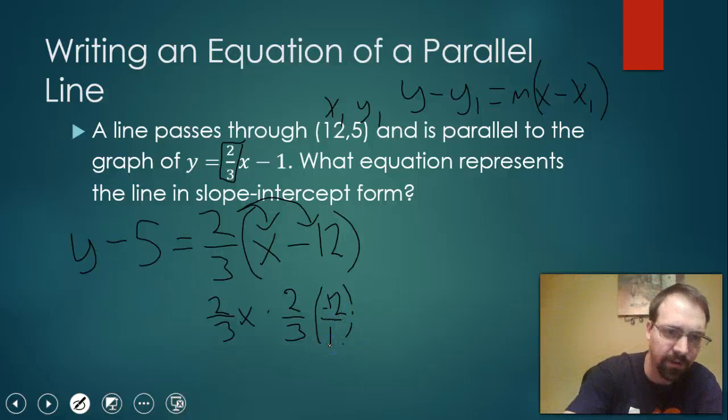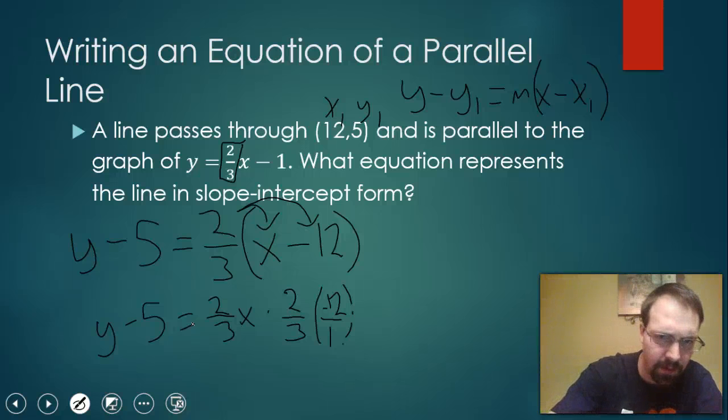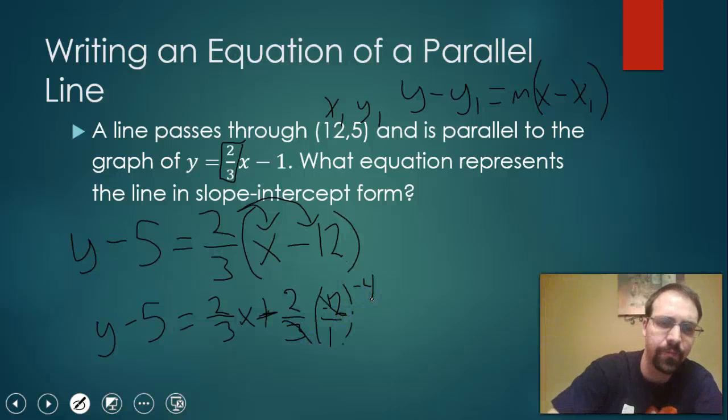Let's go ahead and bring everything else down too while we're at it. Y minus 5 equals 2/3 x. Bring that down. We can simplify this. We've got a 12 on top and a 3 on the bottom, so let's reduce that. 3 goes into negative 12 negative 4 times. So now what we have left is y minus 5 equals 2/3 x plus negative 8.